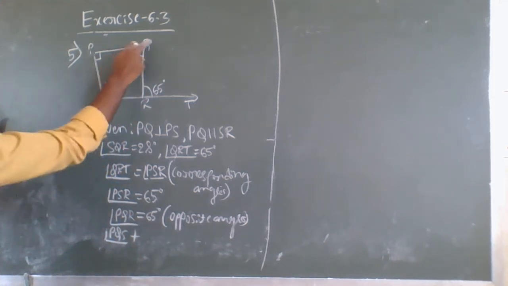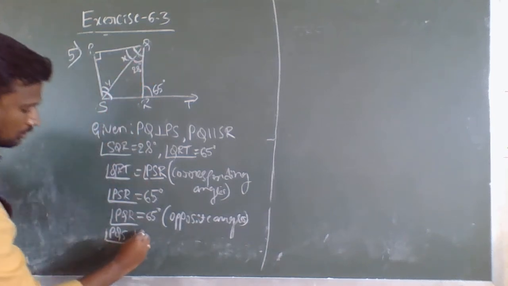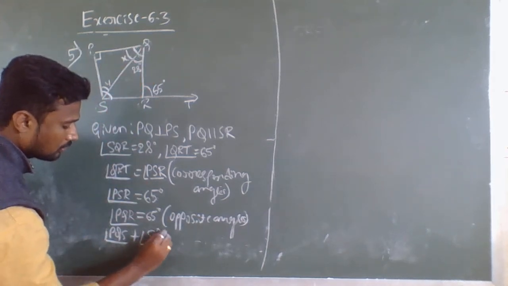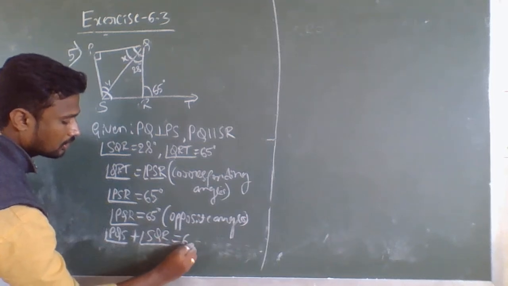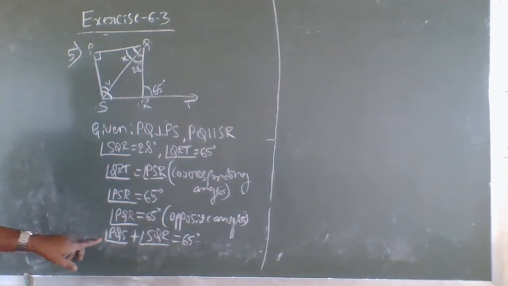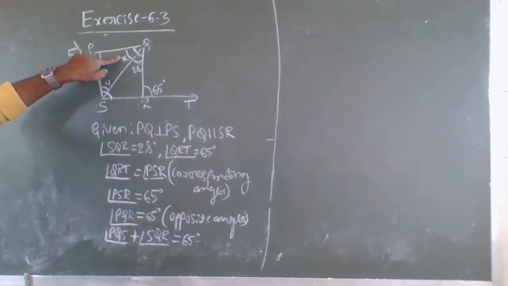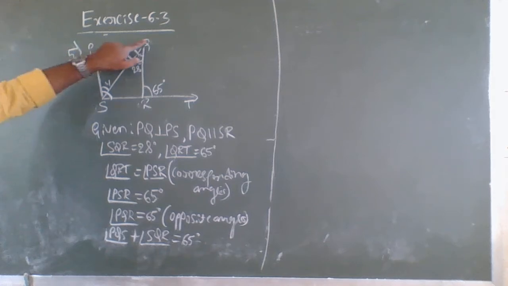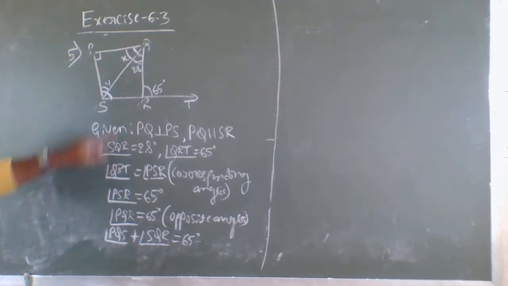PQS plus SQR means these two angles. PQR is equal to 65 degrees. And here angle PQS is x, they are given here. Angle PQS is equal to x.